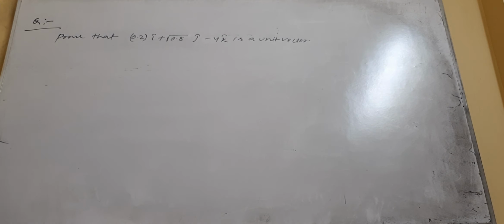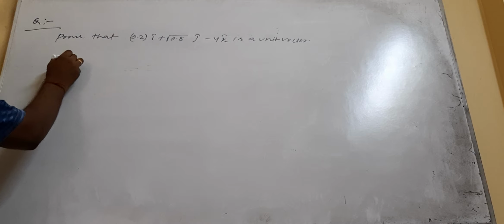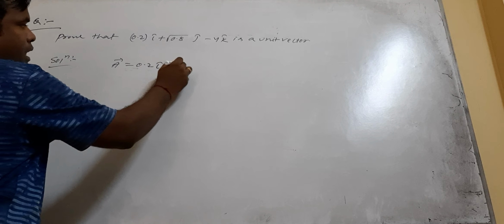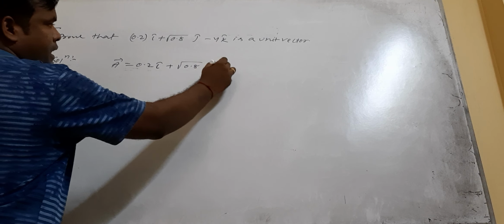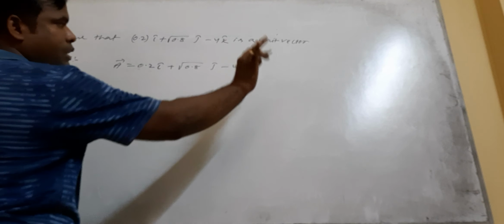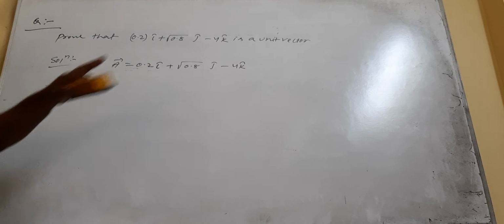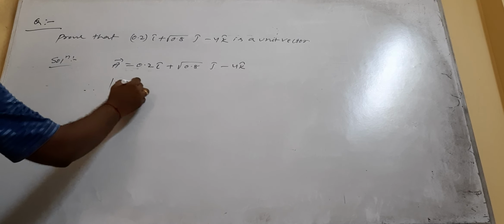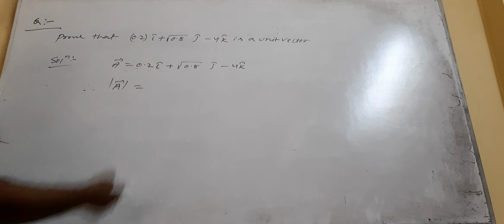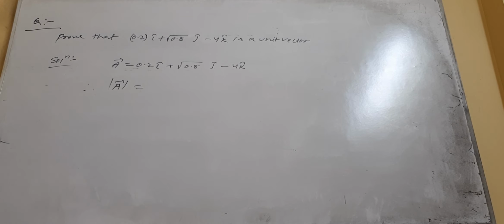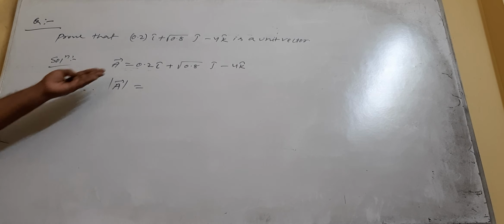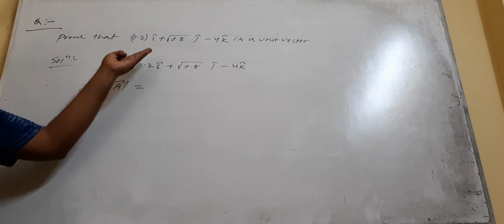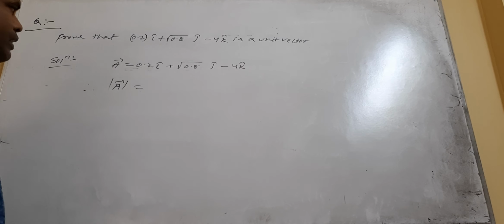How can we find it? You take a vector equal to 0.2 i cap plus root 0.8 j cap minus 0.4 k cap. That means its magnitude is 1. We have to prove it is a unit vector, which means we first find the magnitude of this a vector. If the magnitude comes as 1, then we can conclude that this vector is a unit vector.